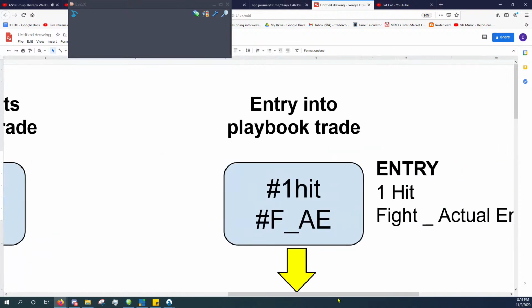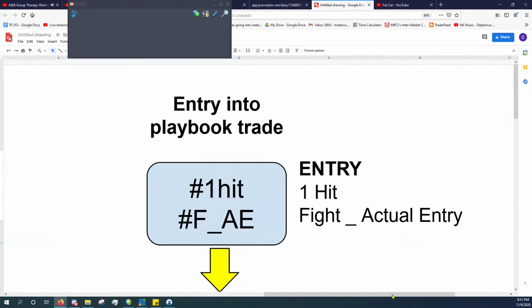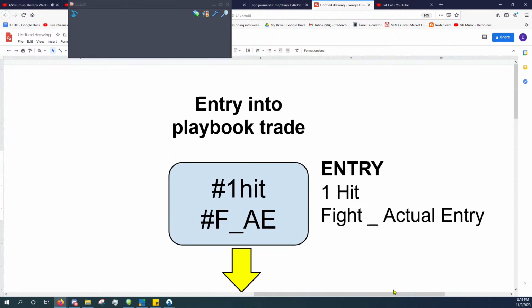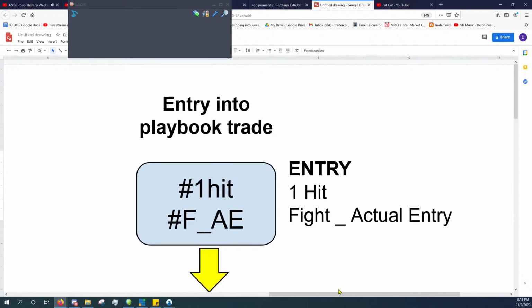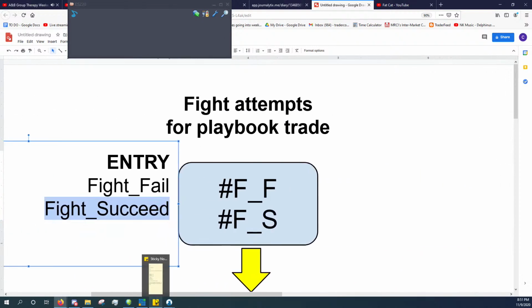This hashtag pairing is only for when the trade actually works. The trade may never work. So if it didn't work, it doesn't get this pairing. But if it works, it gets this pairing. But if I keep initially hitting it and it doesn't work, it gets this pairing.